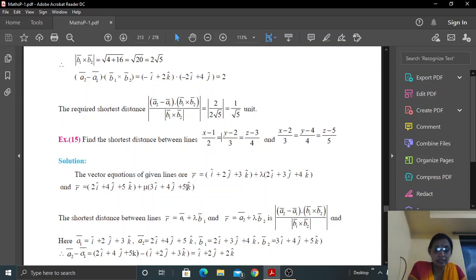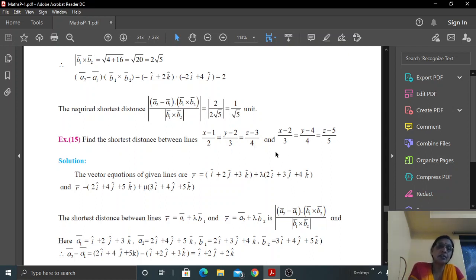First write the given equation in vector form, that is r bar equal to a1 bar plus lambda b1 bar. A1 bar is here 1 i cap plus 2 j cap plus 3 k cap plus lambda into the bracket 2 i cap plus 3 j cap plus 4 k cap.